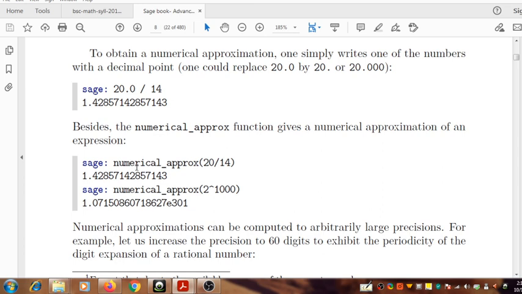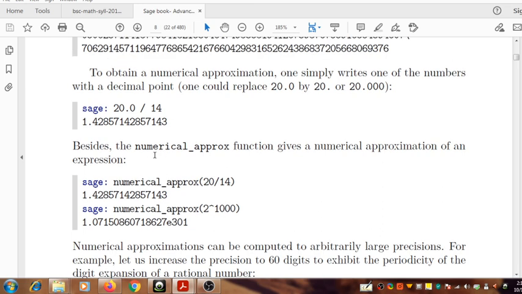Next, we can see the use of a function, the numerical approximation, and this function is used to display the value of a number approximately. When we use this function along with the number 20 by 14, this output will be displayed.